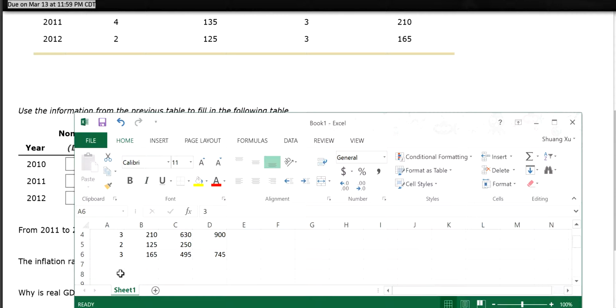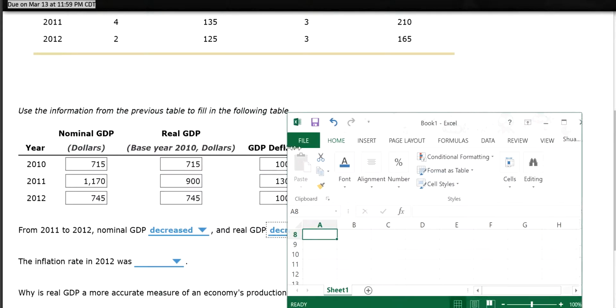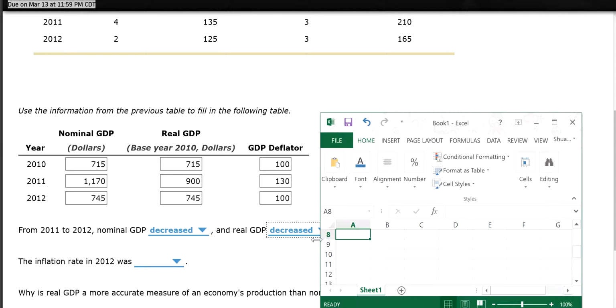The formula to find inflation using GDP deflator, you're going to use your current GDP deflator minus your last year deflator over your last year deflator. So for our 2012, the deflator was 100.